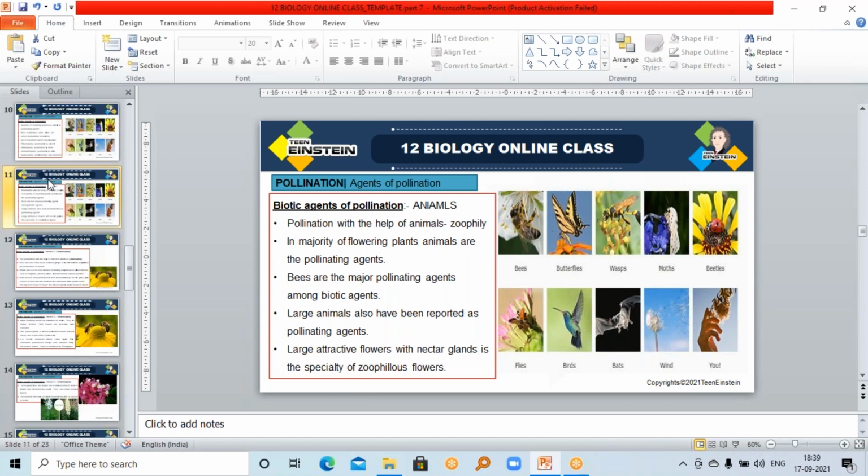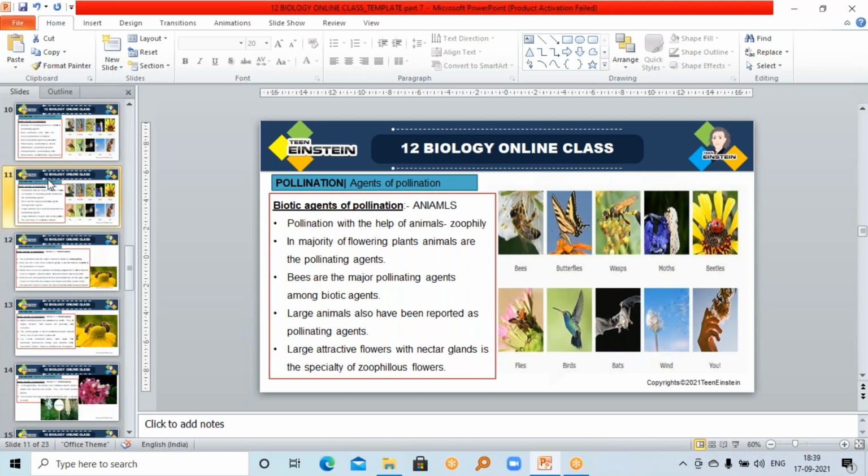Next, in the case of animals acting as biotic agents of pollination, pollination with the help of animals is called zoophily. Animal-pollinated plants are called zoophilous plants.